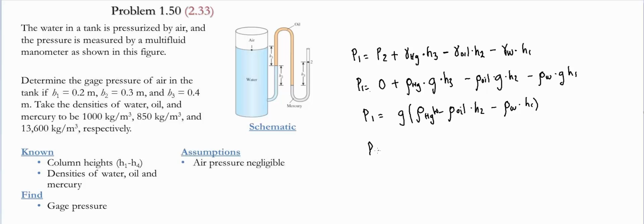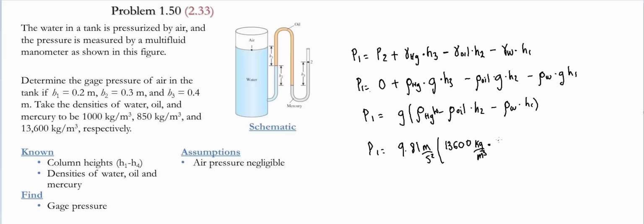Then P1 is equal to 9.81 meters per second squared, and then the density of mercury is equal to 13,600 kilograms per meter cubed.